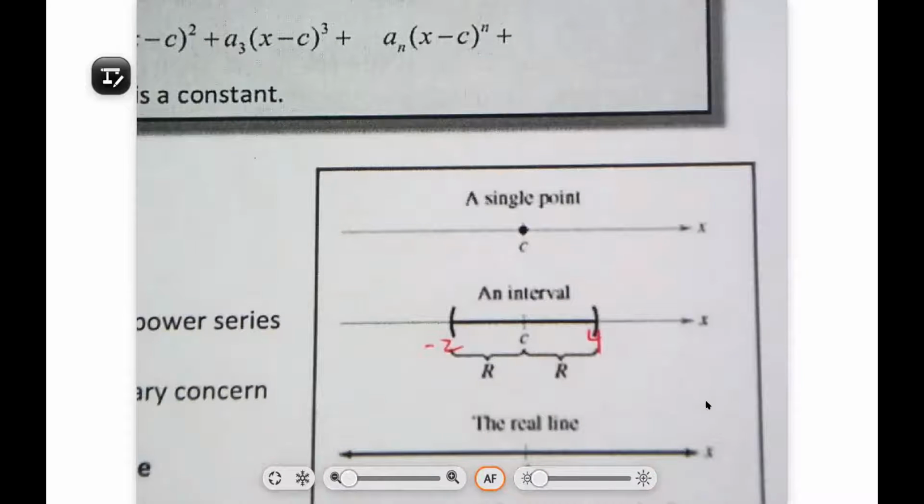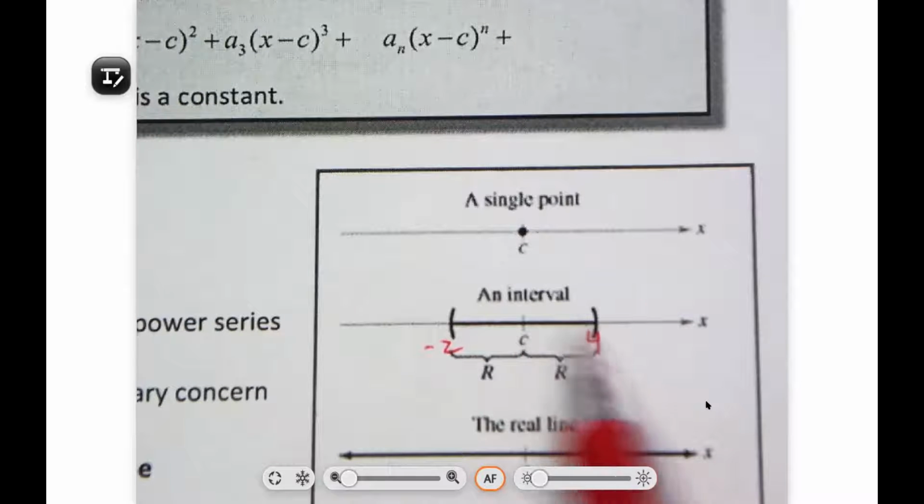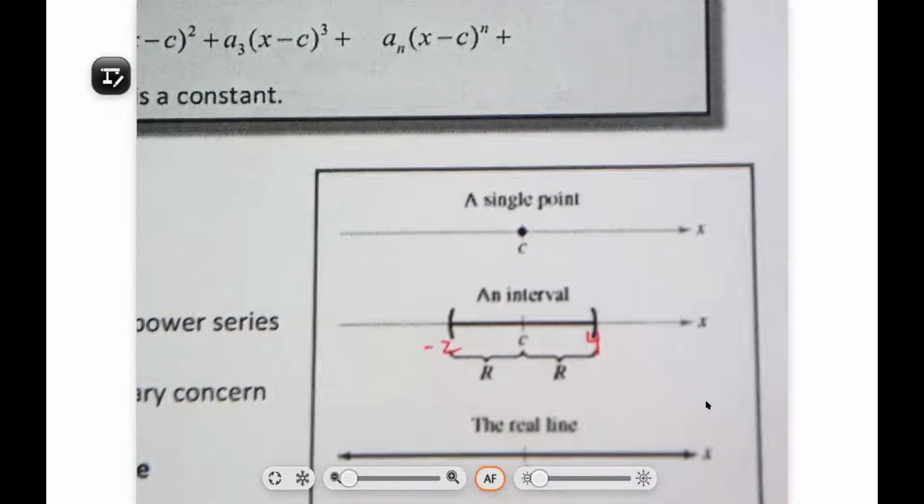Well, then your radius of convergence is going to be 3 because that interval is 6 units long. The radius of convergence is always half of that interval. So from where you're centered around to one of your outer interval values. So the radius is always half of your interval. Okay.